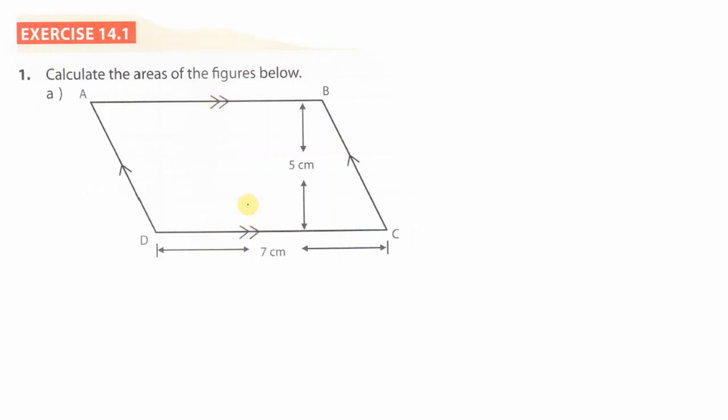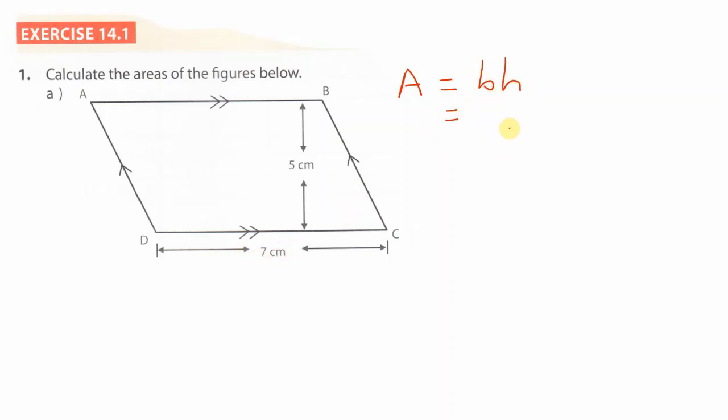This is a parallelogram, because we know a parallelogram has two pairs of opposite sides that are parallel, and we know the formula for the area of a parallelogram is the base times the height.